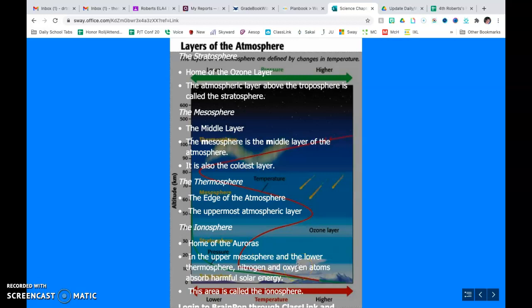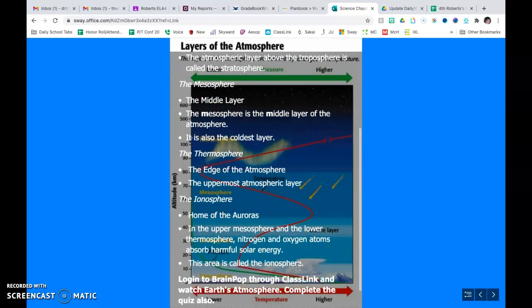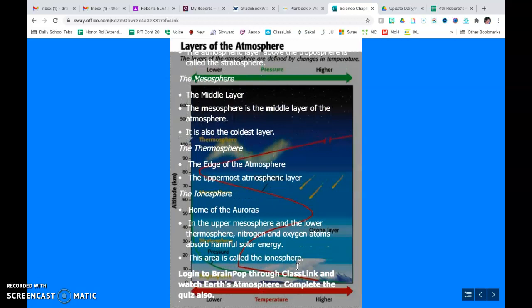Nitrogen and oxygen atoms absorb harmful solar energy. Your book has the thermosphere and the ionosphere, with the ionosphere being totally different. But most people accept the thermosphere as being divided into the ionosphere and the exosphere. And think of that as exiting our atmosphere, so you're exiting into space.